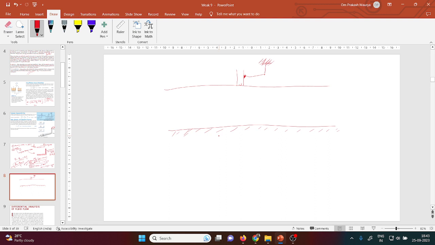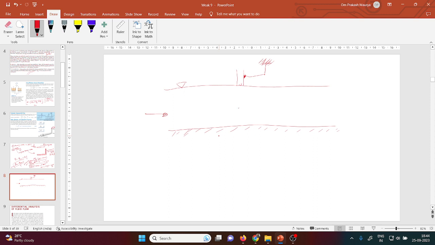If you put the piezometer on the free surface in open channel flow, there is no height increase in the piezometer, because the pressurized flow is not here.